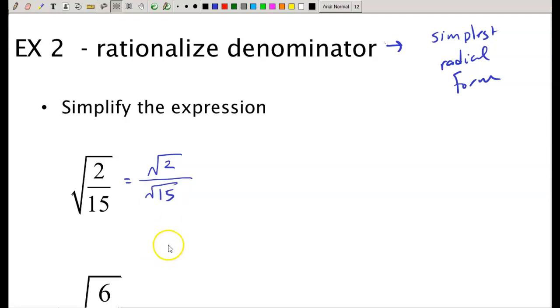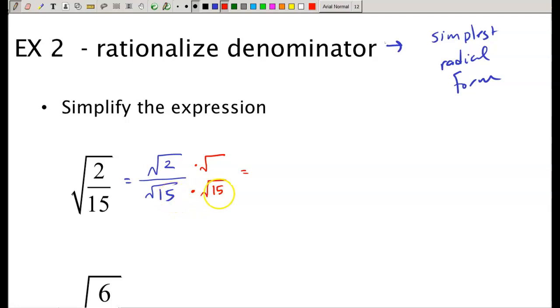If you want to get rid of that, we can do that. All we need to do is multiply the bottom by something such that it gets rid of the square root. The easiest thing to do here is just to multiply it by itself with a square root.